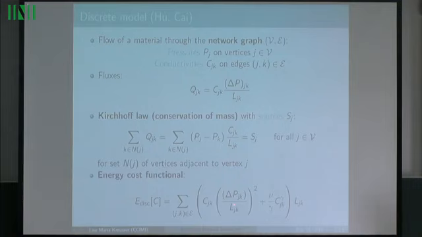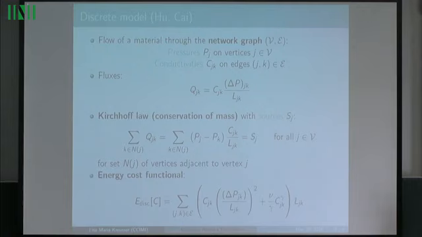As you can see, this results in a coupled system. Above here is a linear system. Assuming that the concentrations C are given, we have a linear system for the pressures P, coupled with this energy cost functional, which has to be minimized with respect to C. Unfortunately, this linear system doesn't have a solution all the time, so we have to make sure that a solution actually exists.